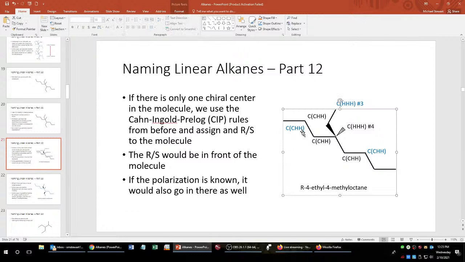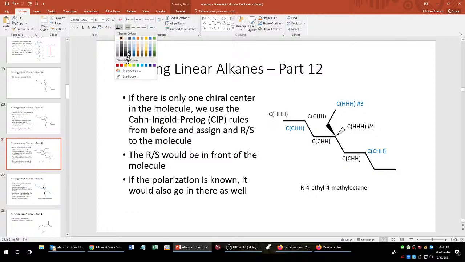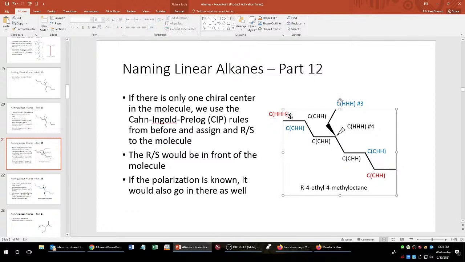We move out even further. And we'll make these red just to make them stand out a little bit more. So this one's bound to 3 hydrogens. This one's bound to a carbon and 2 hydrogens. So this one makes this the lower priority. So this one ends up being number 2.